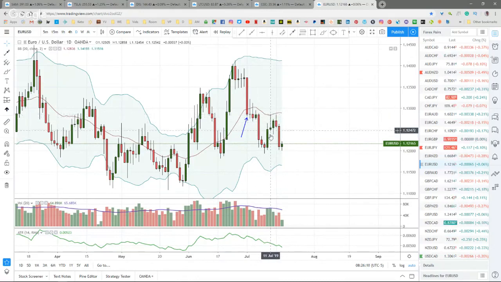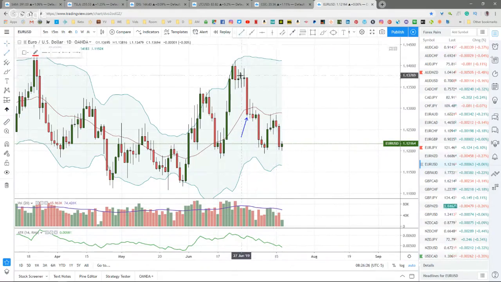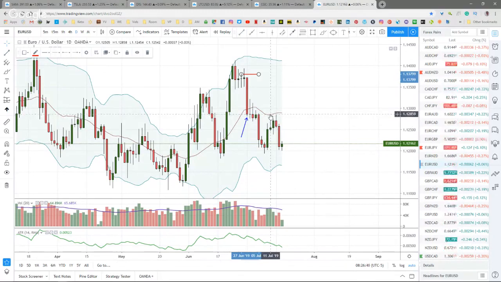And that's the way I would have traded this personally. So we would have gotten half off down here for 59, 60 pips, and the second half would be stopped out right here. However, if you were trading it according to the rules of the strategy, you would put your stop up here somewhere, and your target, well, it touched the center line here, didn't push very far above it, but that would have been a negative or break even-ish right there.